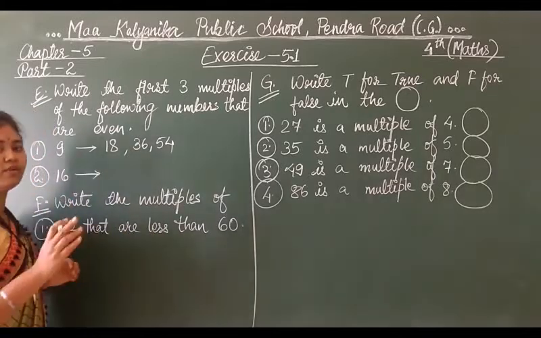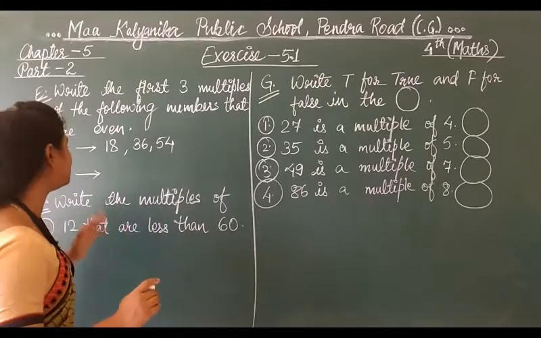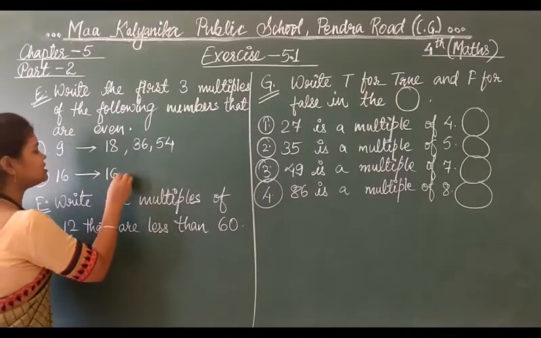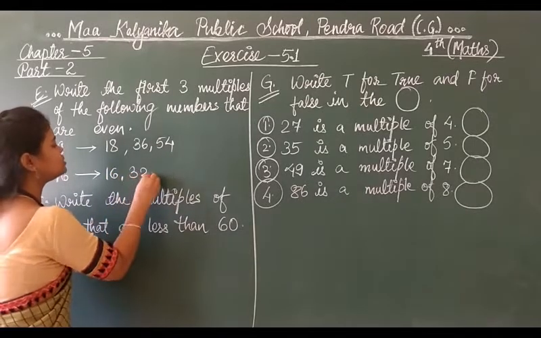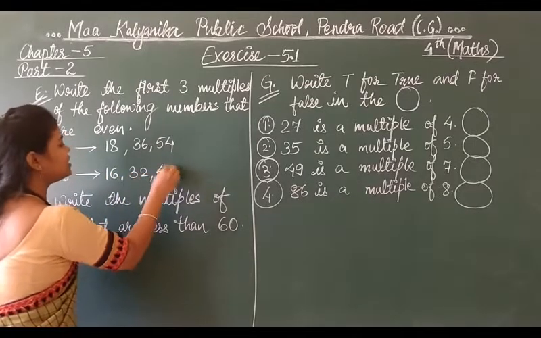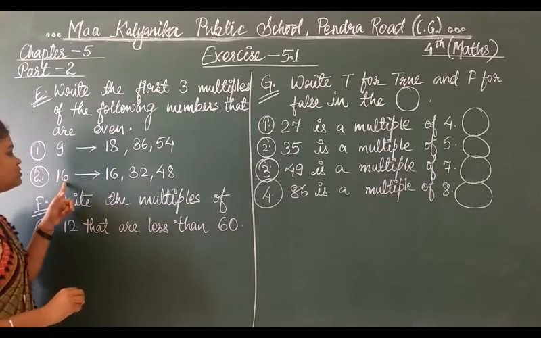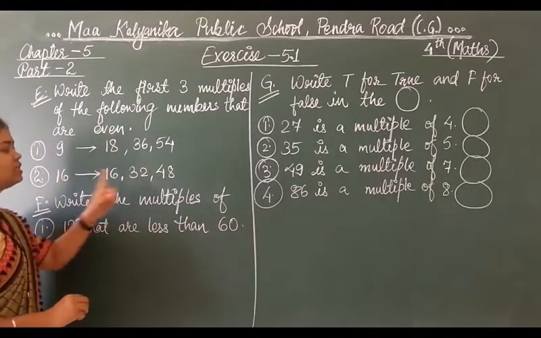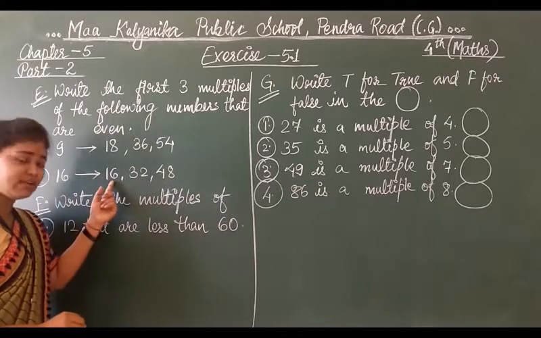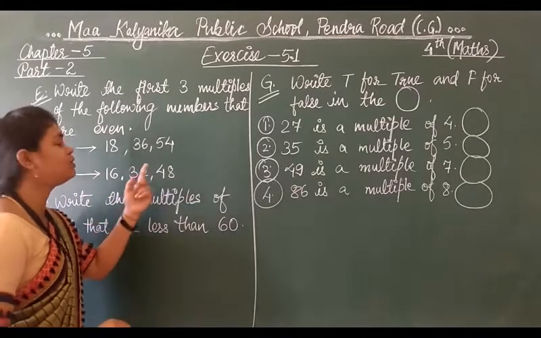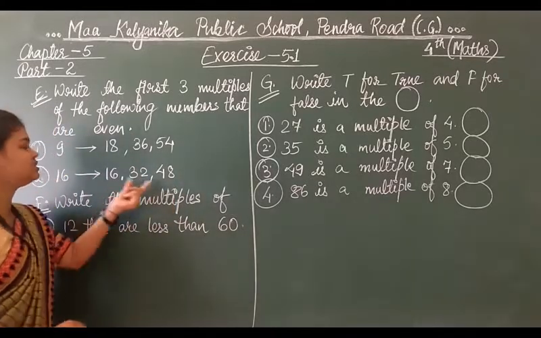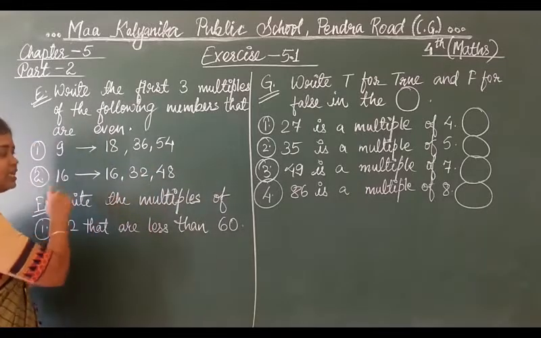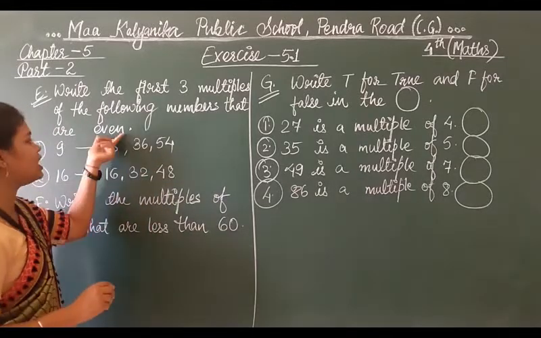So 16 will always have even multiples because 16 itself is an even number. So 16 ones are 16, 16 twos are 32, 16 threes are 48. So 16 is an even number, 32 even, 48 even. So these three are the first three multiples of 16 which are even.